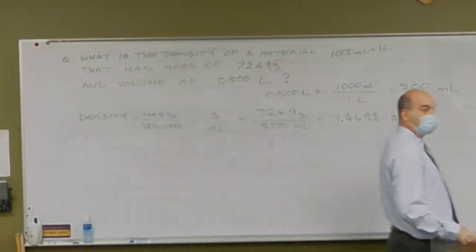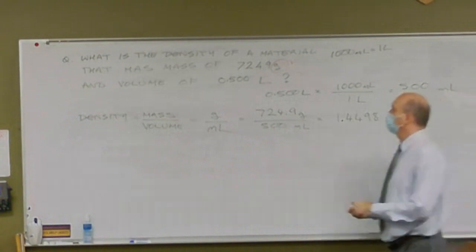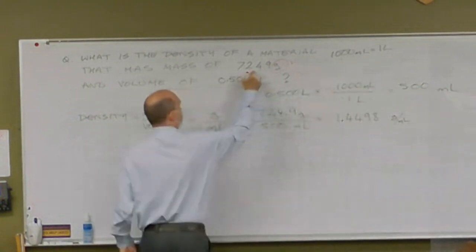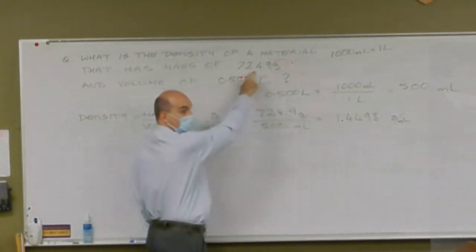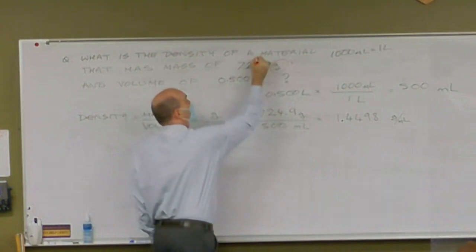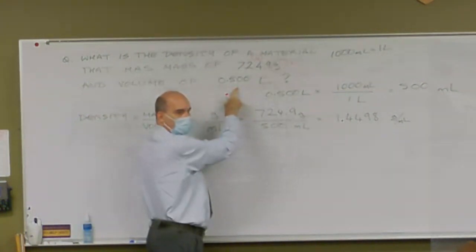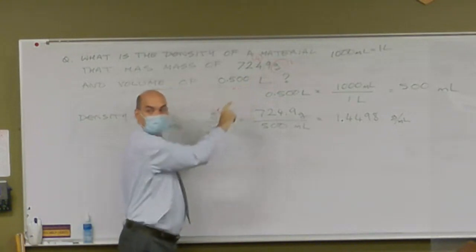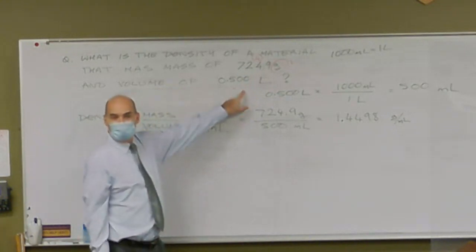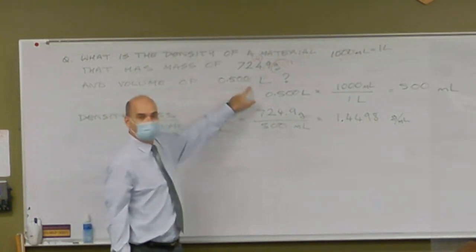Let's look at the question. How many significant figures are here? The rules aren't on the board anymore, but this number has 3 zeros in it.